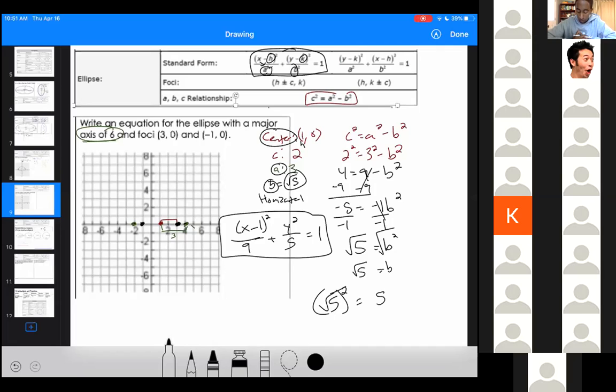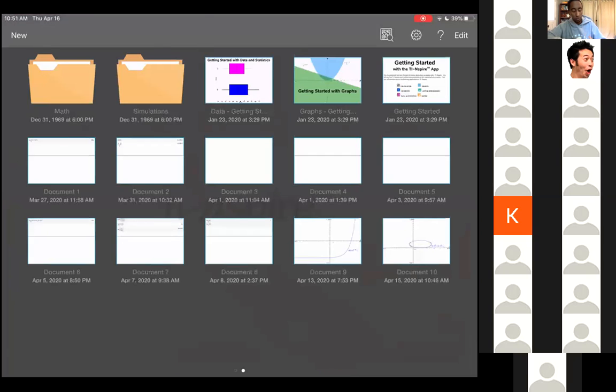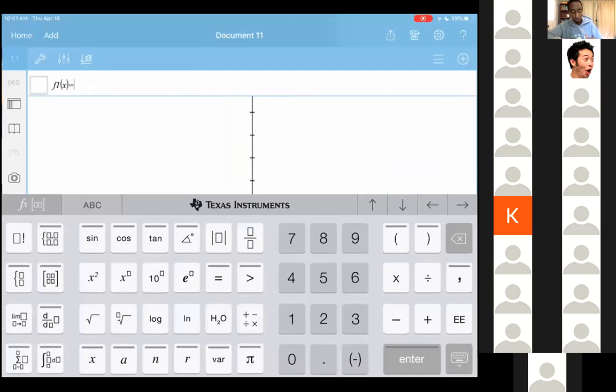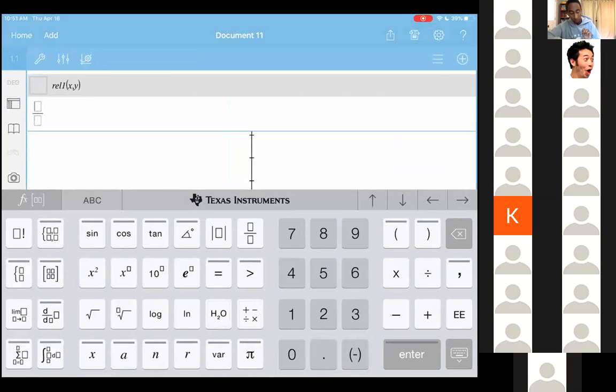And we could double check that if we want by graphing. If you remember, I showed you how to do that. You go to the graph, you go into relation. Let me actually show you a couple cool features. Well, I don't know if you can do it on this Inspire, but let me try it. So if I hit delete and go to relation, what was the equation? Can someone read me the equation?